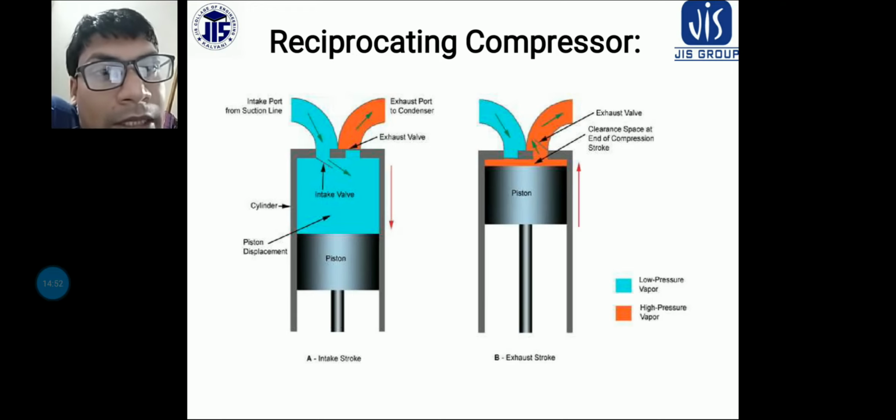When the piston is compressed, we get high pressure vapor, but when the piston is not compressed, it is moving downward.